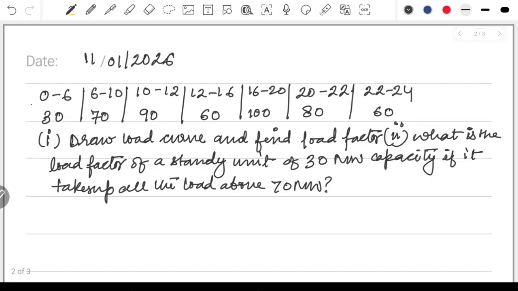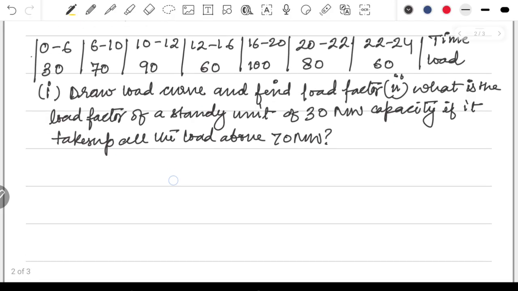It says that we have to draw the load curve for the data given here. So, this is the time and this is the load based on different time slots. First we have to draw the load curve for this.